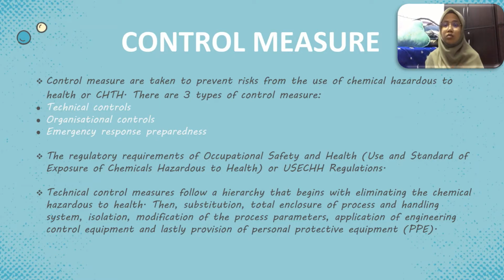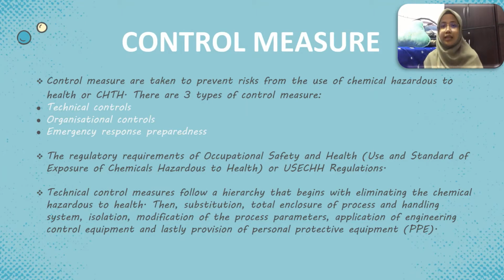So technical control measures follow a hierarchy that begins with eliminating the chemical hazardous to health. Then substitution, total enclosure of process and handling system. Next, isolation, modification of the process parameters. Next, application of engineering control equipment.